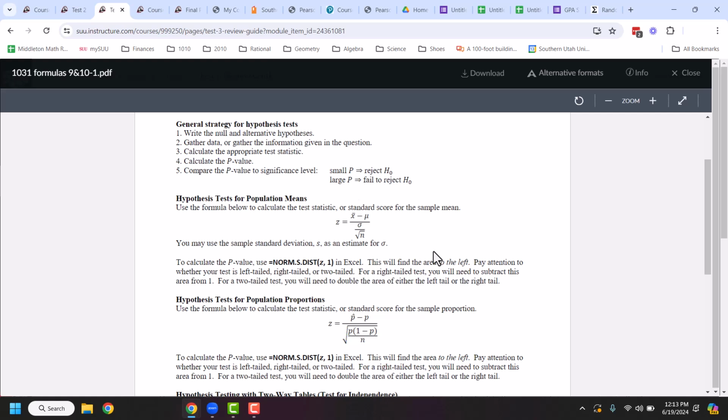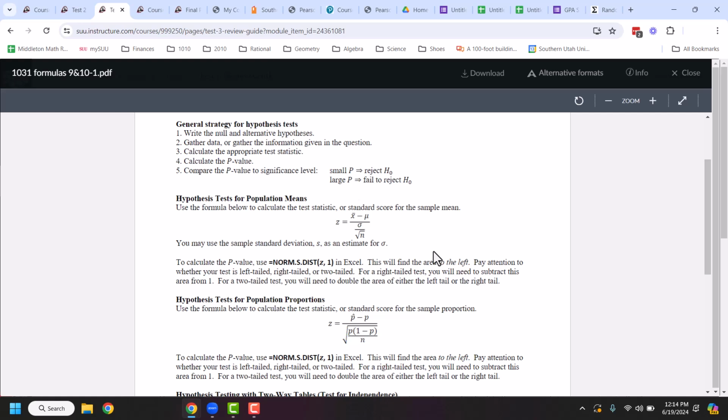So in my Skittle example, if my sample mean was 193 and the claimed mean or the population mean was 200 grams, usually people aren't going to complain if they get more Skittles than the bag says, but they will complain if they get less. And so in this case, I would probably do a left-tailed test.